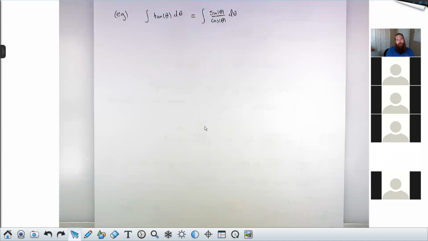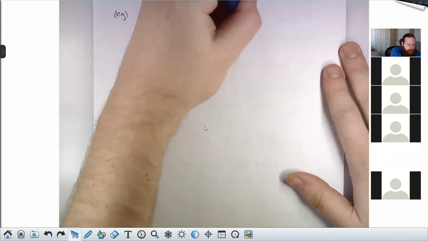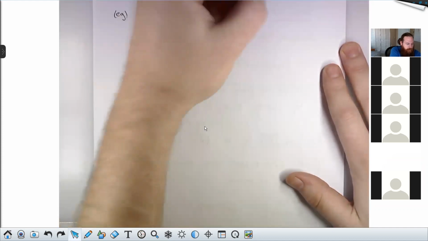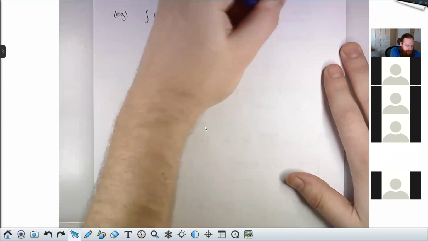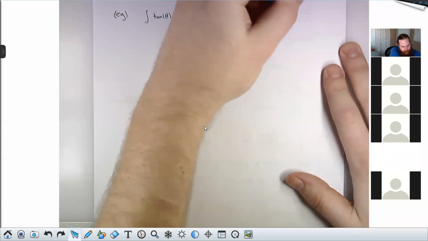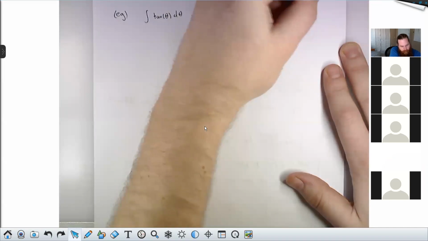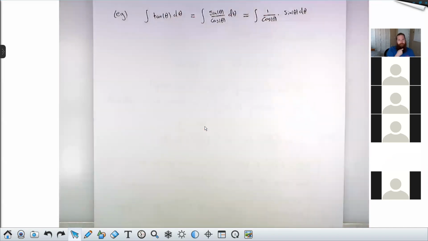The derivative of sine is cosine, and the derivative of cosine is negative sine. So I start thinking, well, I can't get the cosine out of the bottom, but I can pull the sine off of the top. If I think of this as my outer with this inner, then the derivative of this inner, not exactly, but very close, is sitting right here.